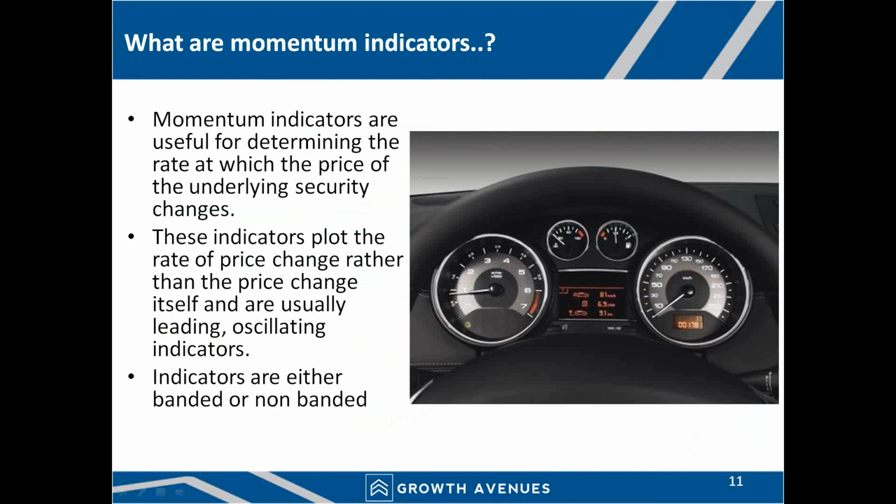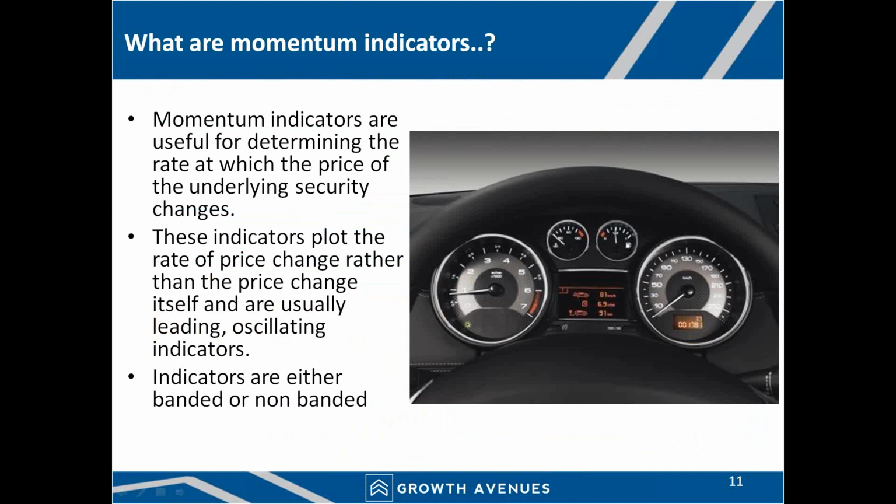Reading price movement is what technical analysis is all about, but it cannot be done only by reading price. You need some kind of support function, and that's what momentum indicators do. They tell whether the price is going to move up, going to move down, or going to stagnate.